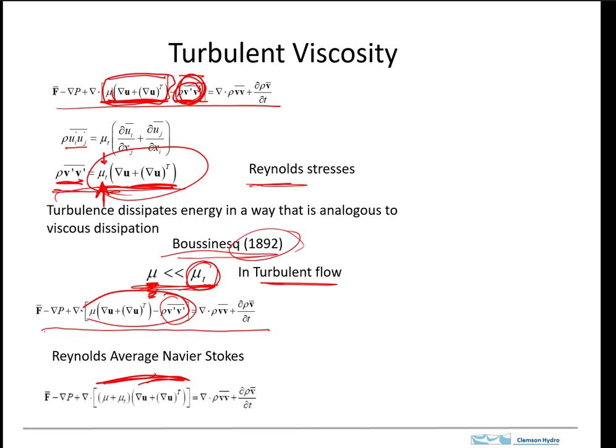So this is transformed into that, where it's kind of good news and bad news. The good news is we got rid of these fluctuating velocities. The bad news is we now have that thing, that turbulent viscosity, that we have to deal with.